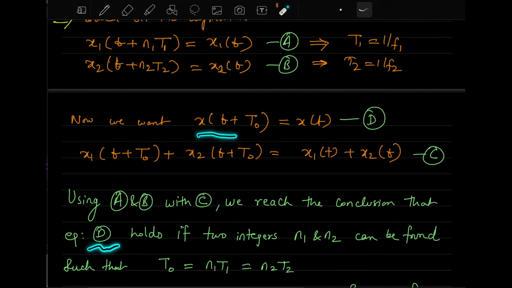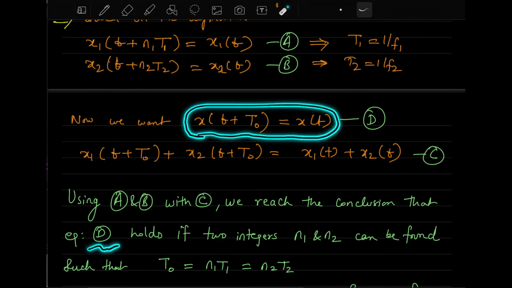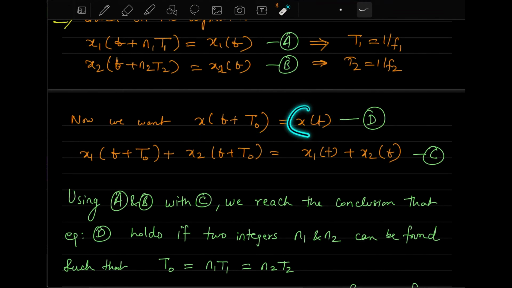So here you have this d, and you want this to be periodic. Then you can conclude from this and this individually that the periodicity value, that is T0, will be equal to n1 T1. If you compare this with this, T0 will be equal to n1 T1 and T0 will be equal to n2 T2.